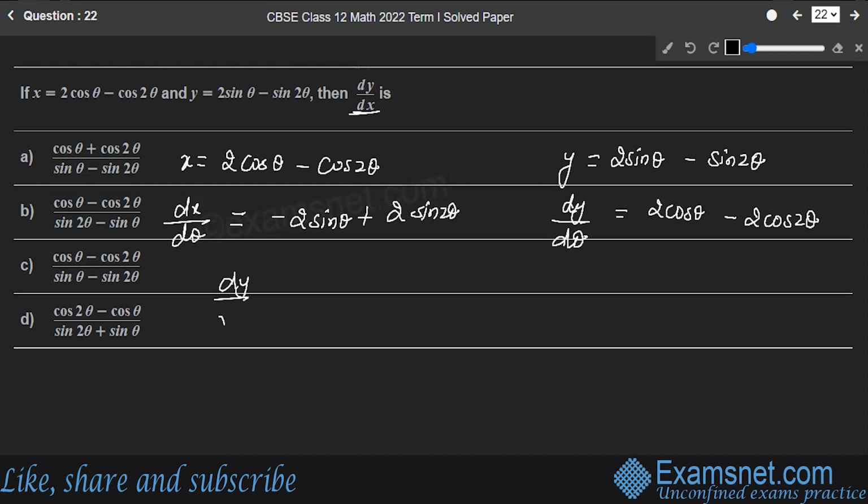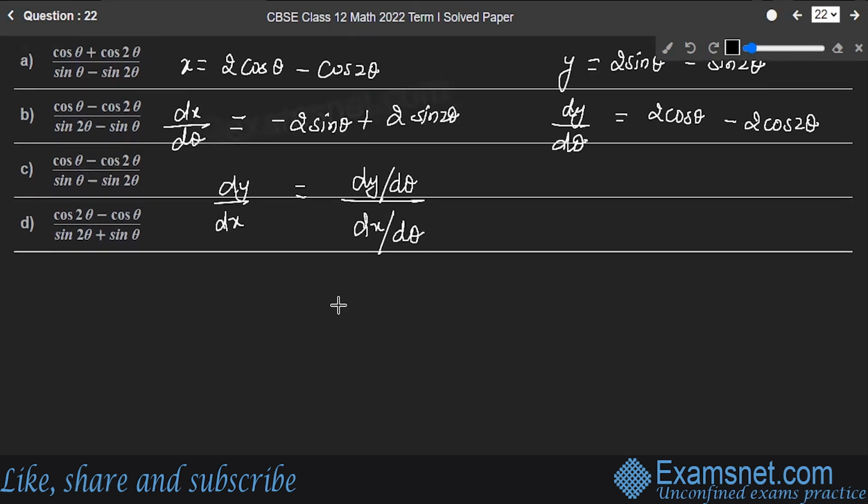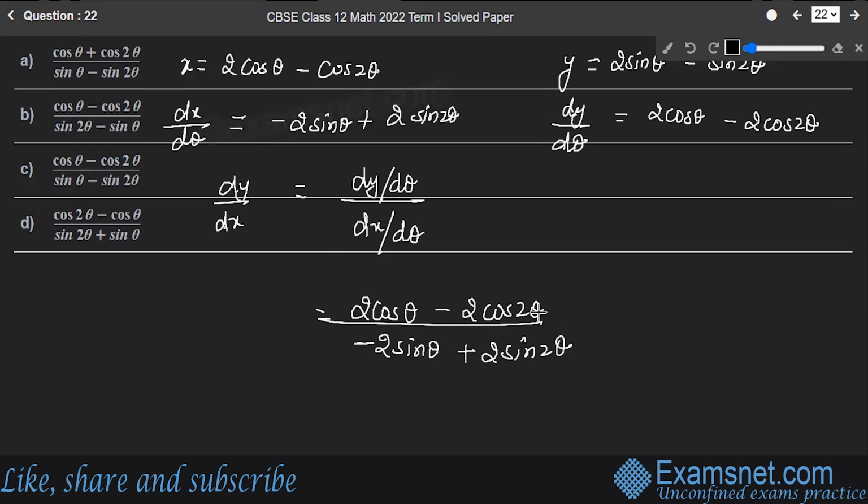And you have to find out dy by dx. This is nothing but dy by d theta divided by dx by d theta, which will be equal to 2 cos theta minus 2 cos 2 theta whole divided by minus 2 sin theta plus 2 sin 2 theta.